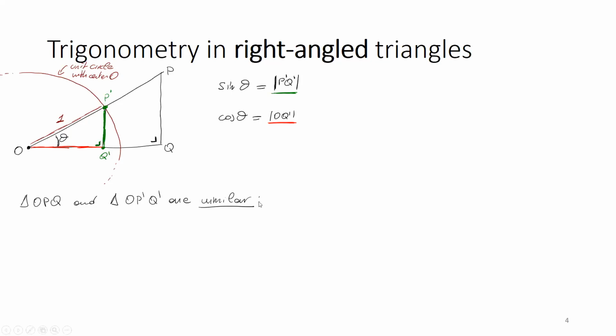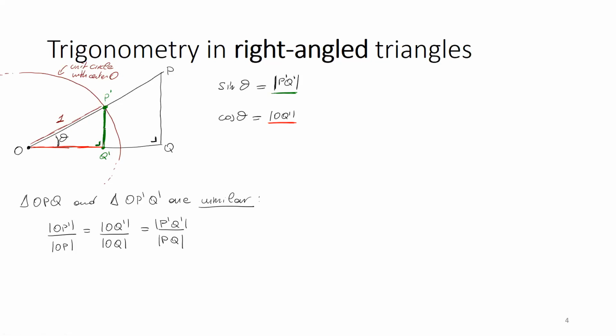And what does similarity give us? Well, it doesn't tell us that the lengths of the sides are equal. You can see from the figure that they're not, but the ratios of the lengths are equal. So in particular, we can write that OP' divided by OP is equal to OQ' divided by OQ, and that's equal to the length P'Q' divided by PQ.